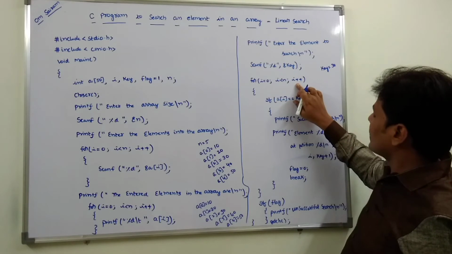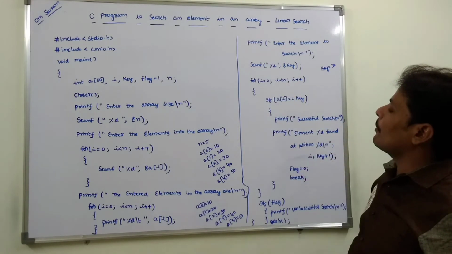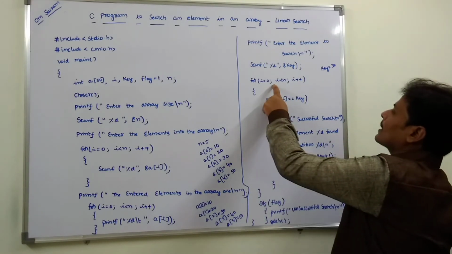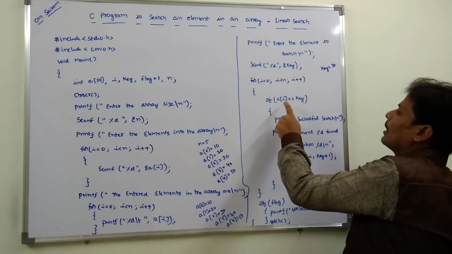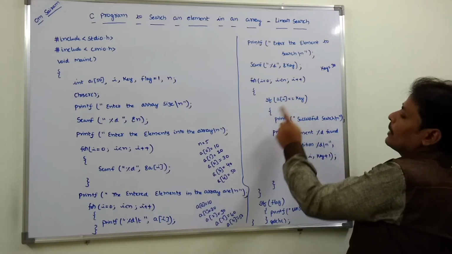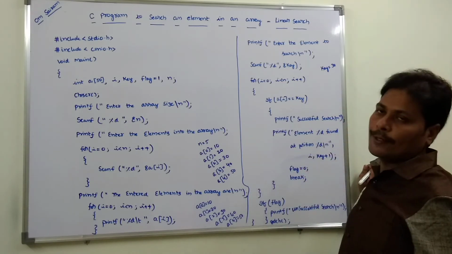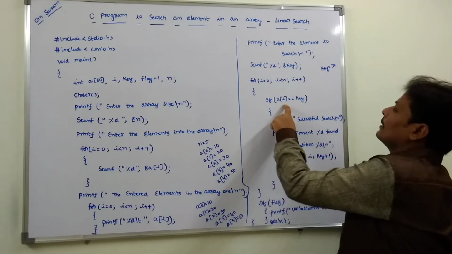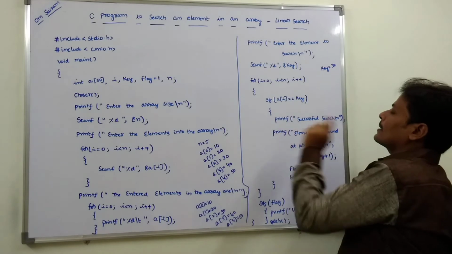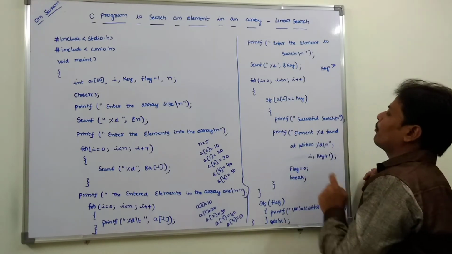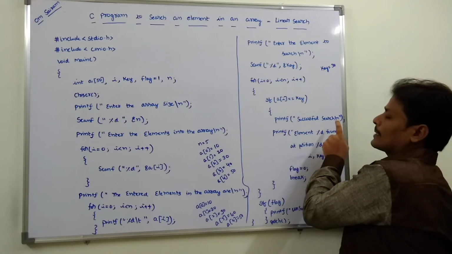Next, I is incremented. Now I value is 2, 2 less than 5, condition true. A of 2 is 30. 30 equal to 30, so the condition is true. Then the control enters the body of the if block. Printf successful search.